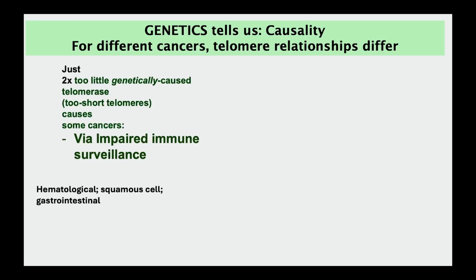And these are just a subset of certain kinds of cancers. And what's really interesting is that Mary Armanius has shown that that greater risk of cancers is actually because of impaired surveillance of your immune system. So your immune system is not controlling these incident cancers as it should be in this situation.